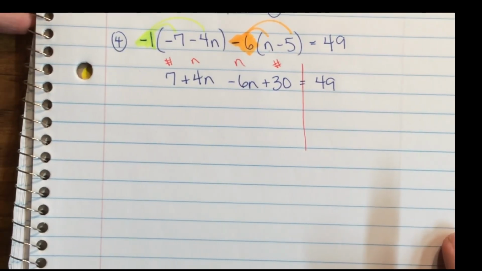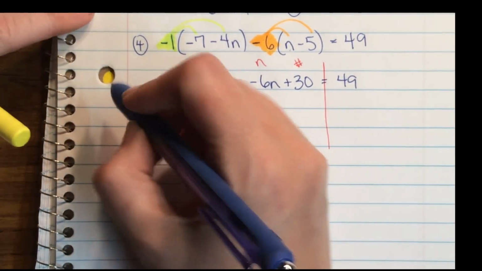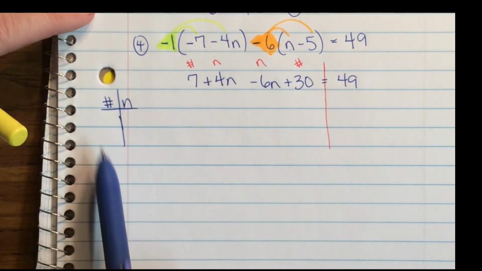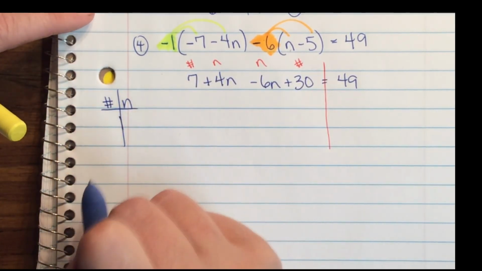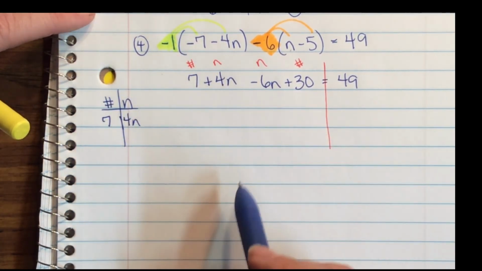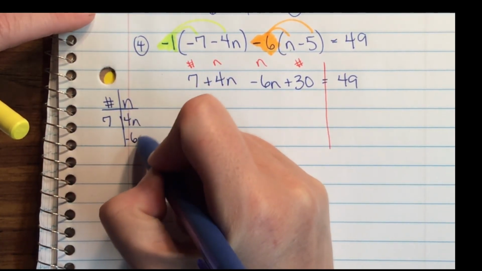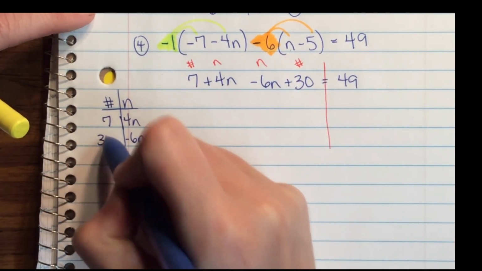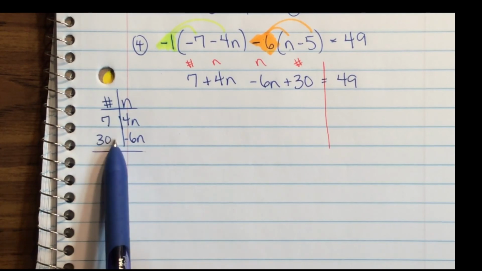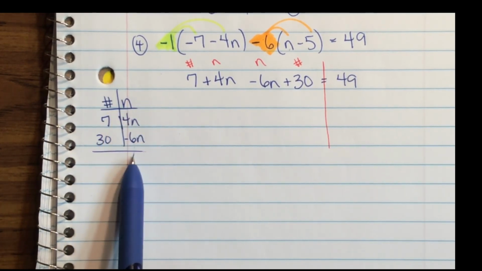And I'm going to make it really simple on us, and I'm going to draw a column chart here. So I have a 7, and then I have a 4n, then I have a negative 6n, and then a positive 30. So I'm really just adding my columns here. I'm going to put my numbers together, and I'm going to put my n's together.